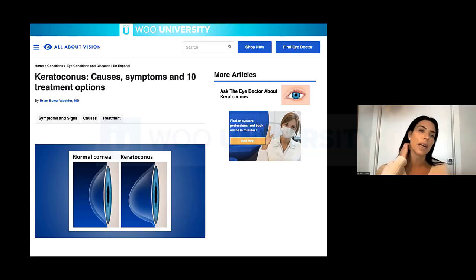And All About Vision also has a practitioner locator as well. So it's a really great website, and the information is very reliable as well. So again, Spanish available, and they do have the doctor locator.